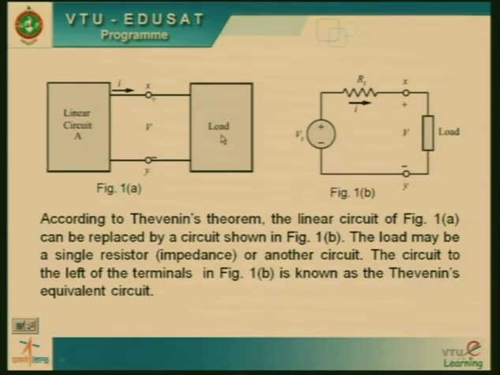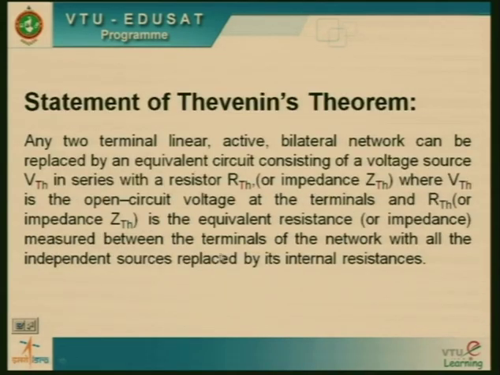It need not be a single resistor or impedance, it can be another circuit also. The circuit to the left of the terminals in this figure, whatever we have here, a source and a resistor, is called Thevenin's equivalent circuit. Next, once we know the objective and how exactly we are going to get it, we go for the statement of Thevenin's theorem.